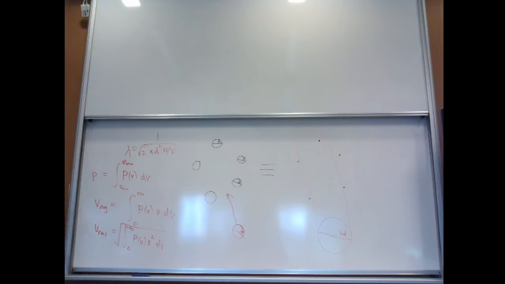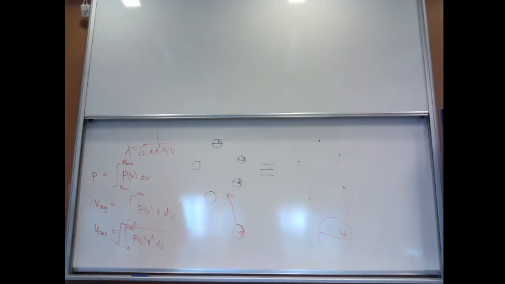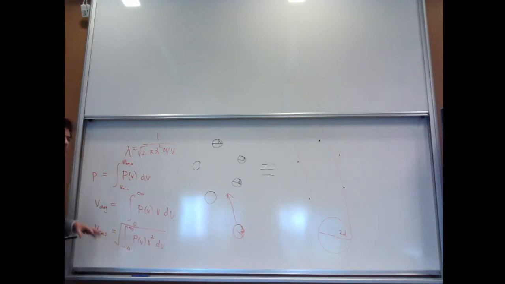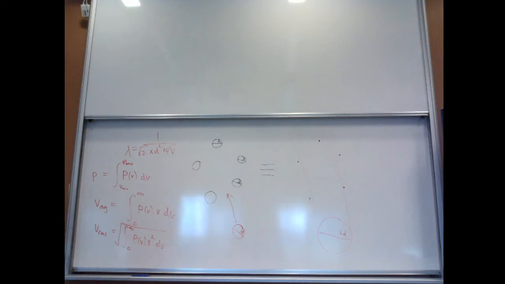So it's actually calculating the average of the velocity squared, and then you take the square root of that whole thing. This is usually the more relevant quantity because the velocity squared is related to the kinetic energy, right? Because it's half mv squared. So that's why taking the average of this is more related to the kinetic energy and the energy of the thing. That's why people are interested in this.